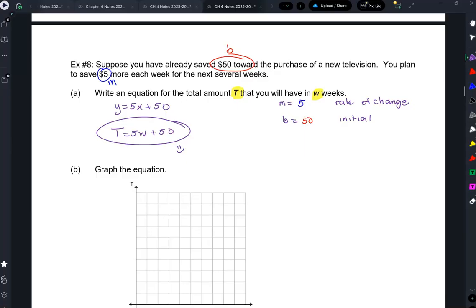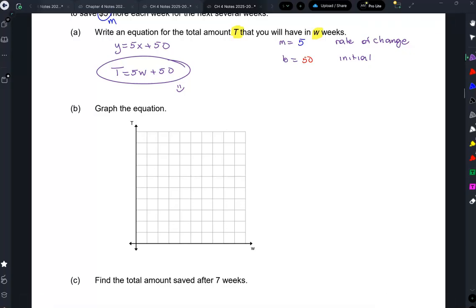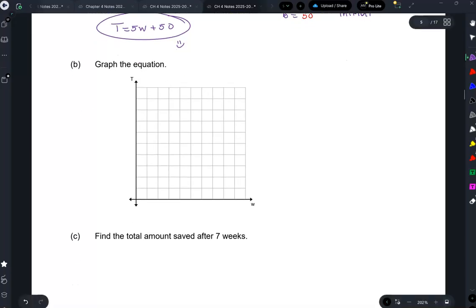My y-intercept is 50. So I need to calibrate, scale this, so I can go to 50. By 5 is too little. What if I go by tens? So let's go 10, 20, and so on.